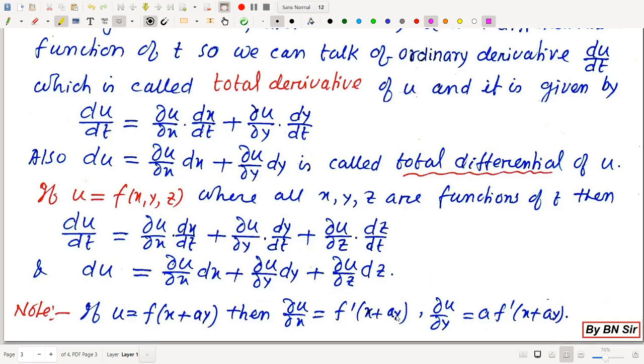So f dash of x plus ay you can write into del r by del x, if we consider this as r, but the derivative of x plus ay with respect to x will be 1, so it is not written. But if we differentiate with respect to y, say del u by del y, then it will be f dash of x plus ay, surely, into the partial derivative of x plus ay with respect to y, which will be a. X is constant, so that's why a is there.